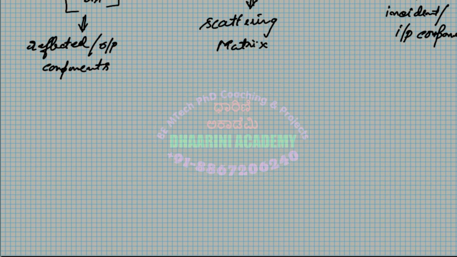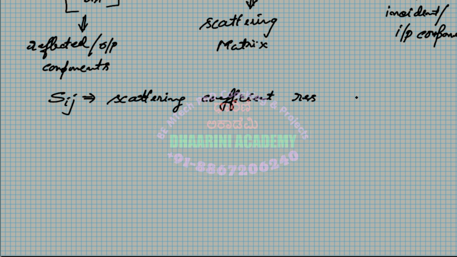Whenever I look at this particular S matrix, I may find there is an Sij written: S12, S14, S23, S24, S21, etc. So Sij is what we are going to call the scattering coefficient, resulting due to input at the ith port and the output at the jth port.